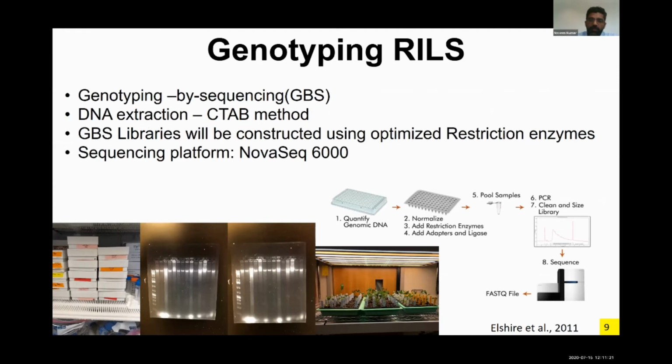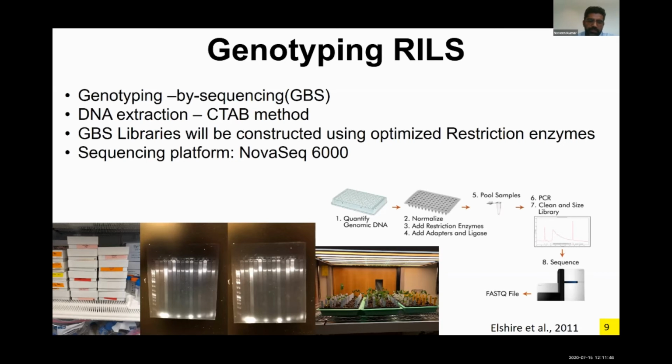The DNA templates are used to construct the GBS libraries, first pooling the DNA and then ligating with the optimized adapters, followed by barcoding. Once the GBS libraries are constructed, they are sent for sequencing, and we use NovaSeq 6000 as our sequencing platform.